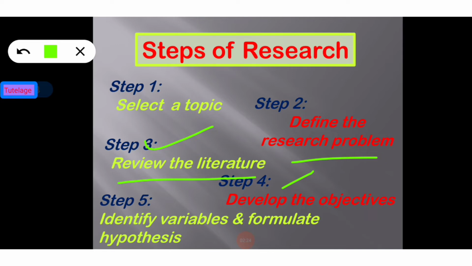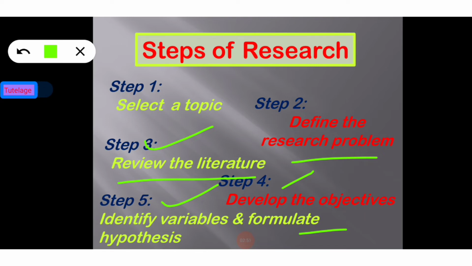So now move on to the fifth step, that is identify variables and formulate hypothesis. One of the most important steps of research is to identify variables of the study and formulate the hypothesis. And in my last session, we have already told the meaning of variables and the differences between variables and attribute.